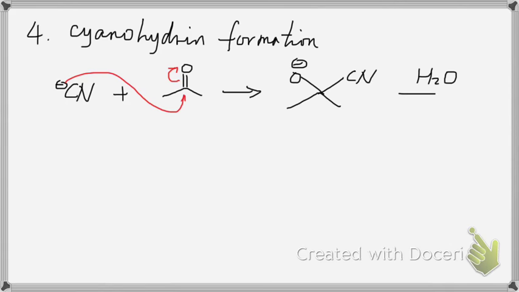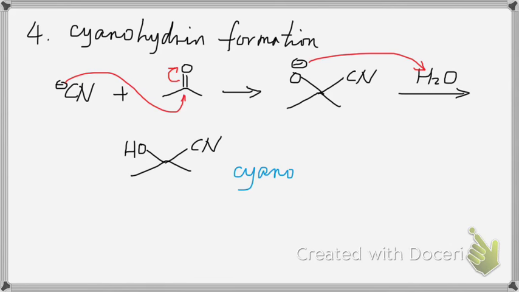Same nucleophilic addition reaction. So the cyanide is attached to the carbonyl carbon. After the oxygen is protonated, it gives a compound that has OH and CN attached to the same carbon. This is called cyanohydrin.